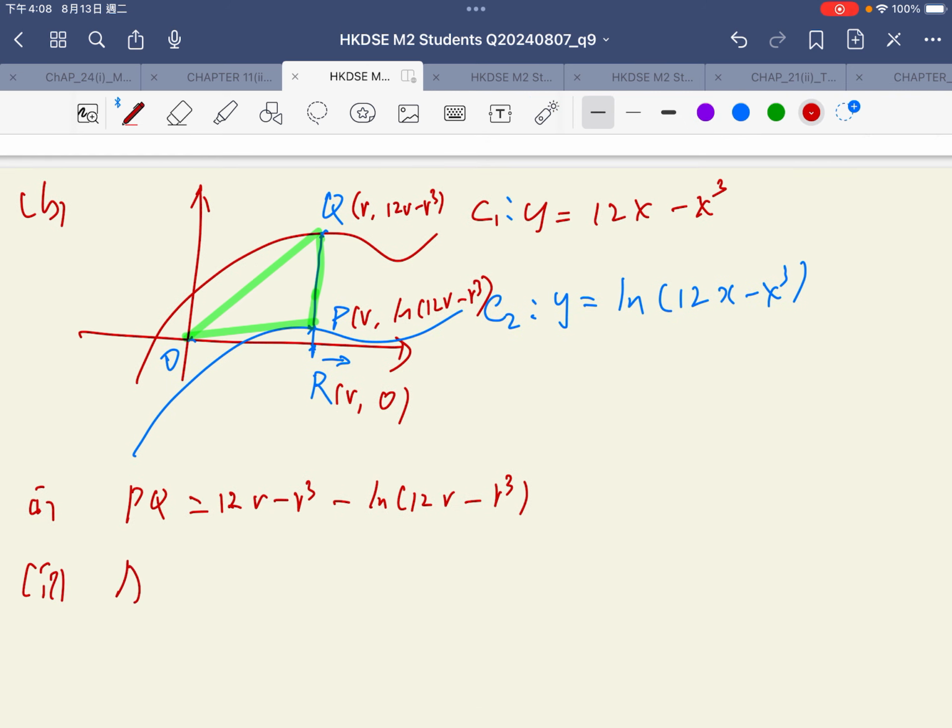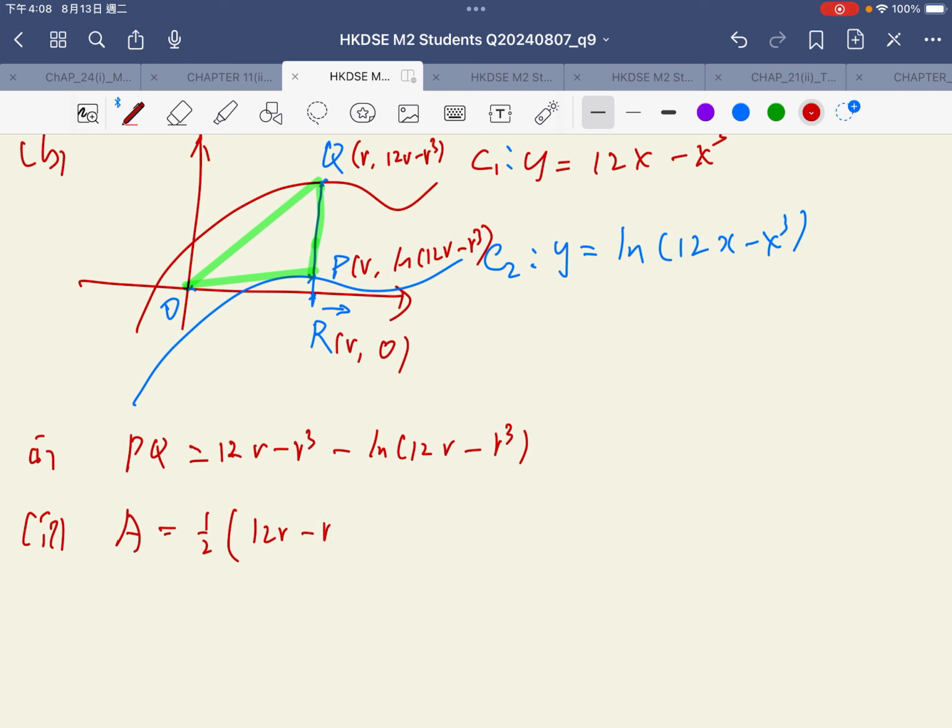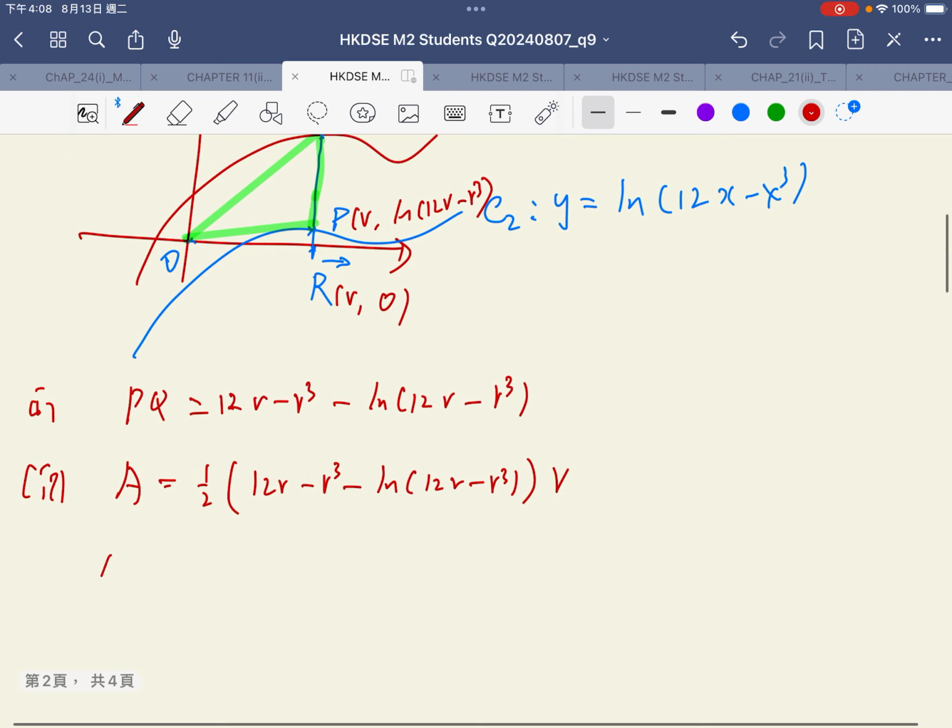Therefore, I use A equals 1/2 times base times the height r, then multiply this into the polynomial.